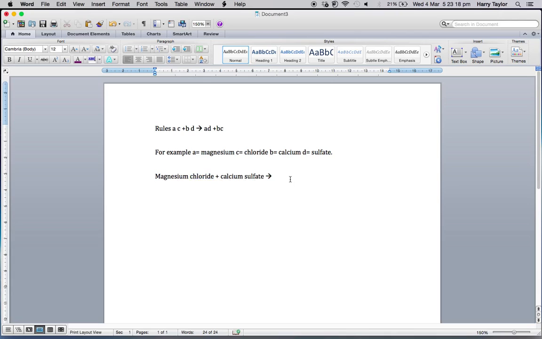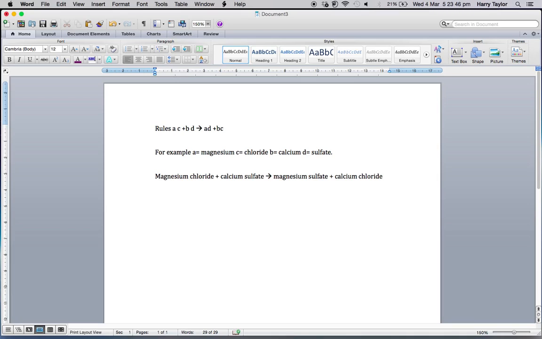So then it'll equal magnesium sulfate plus calcium chloride. And there's your formula.